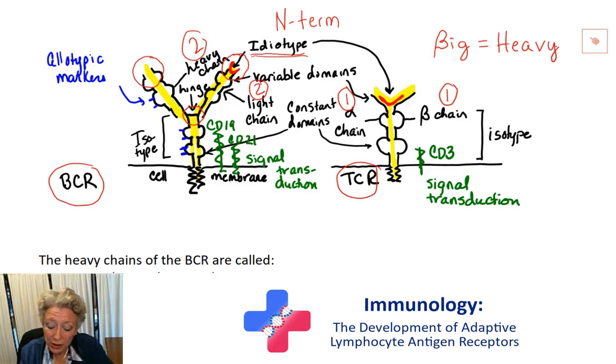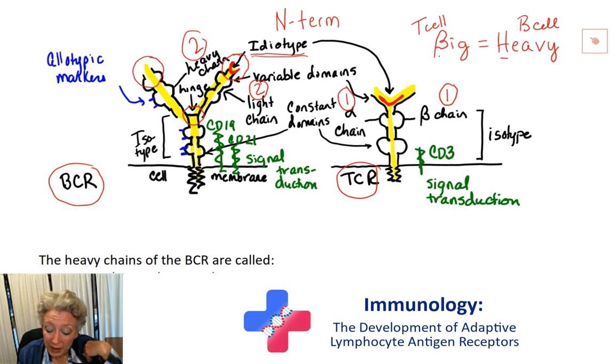So what I'm saying to you is that the heavy chain of a B cell is going to be somewhat analogous to the beta chain on my T cell. And that will come to light later when we start talking about the complex genetic rearrangements that we will do in the germline in order to make the unique molecules for each cell.